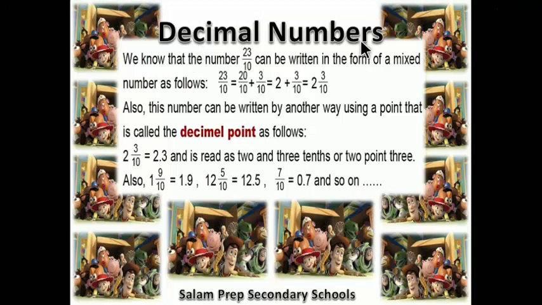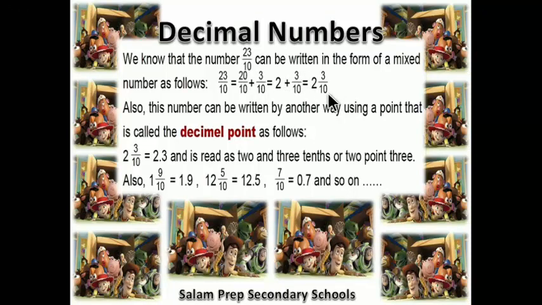Decimal numbers. We know that the number 23 over 10 can be written in the form of a mixed number as follows. 23 over 10 equals 20 over 10 plus 3 over 10. 20 divided by 10 equals 2, plus 3 over 10.